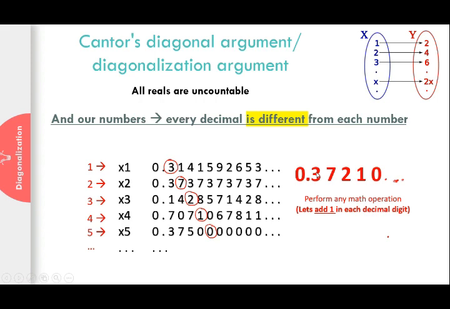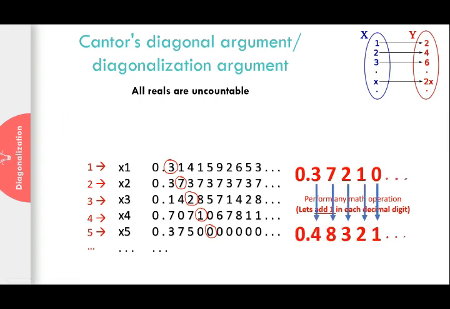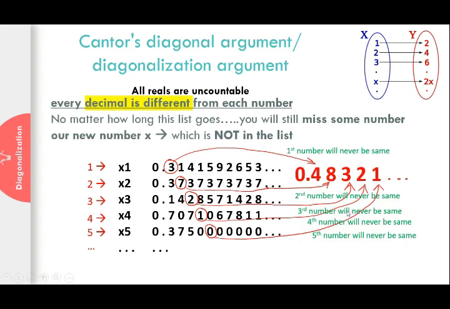So to make it different, we should perform some mathematical operation. Let's add 1 to each decimal digit. The new number we get is 0.48321. Now this number surely guarantees that its first decimal place will never be the same as that of the first element, and the second decimal place will never be the same as that of the second element.